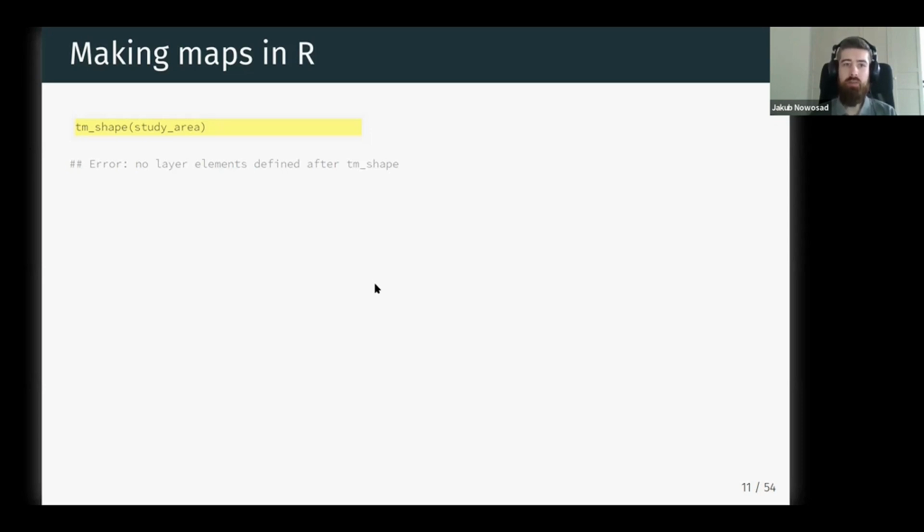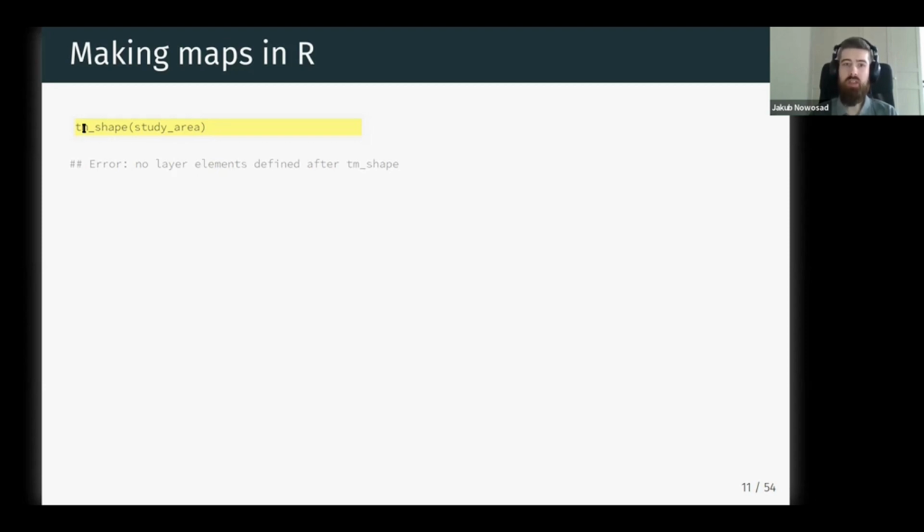So with tmap, the main function of the tmap package is tm_shape. And you will see that most of the functions in the tmap package start either with tm_ or tmap_. So tm_shape specifies our input data.